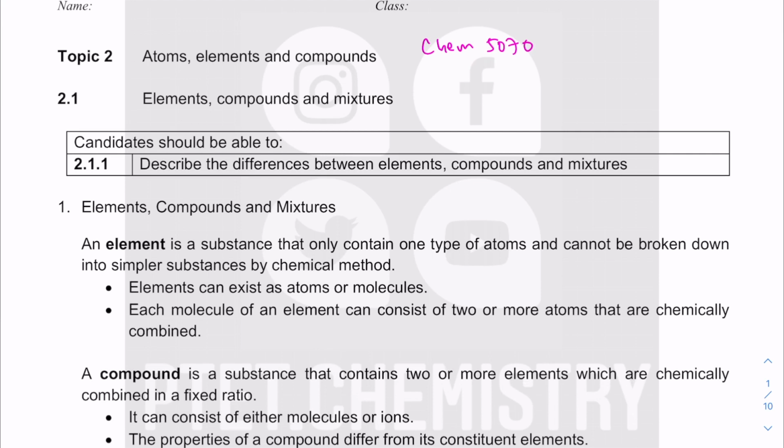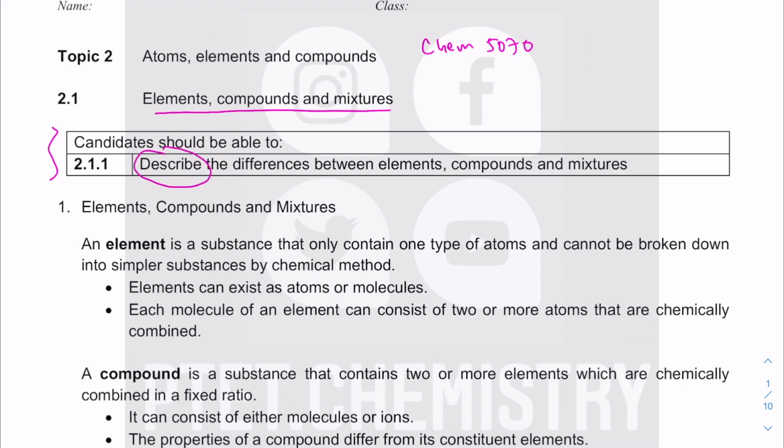So in this first section, we're going to go through elements, compounds, and mixtures. Something that looks really simple, but in reality, they can be very confusing if you don't actually know the differences between each and every one of them, as you are expected to. So Cambridge, or whatever syllabus you're doing, says that candidates should be able to describe the differences.